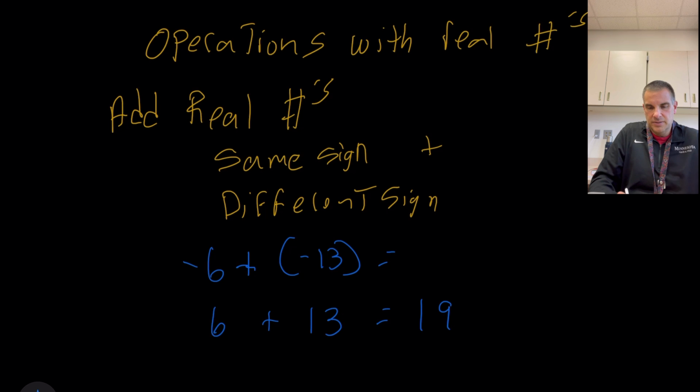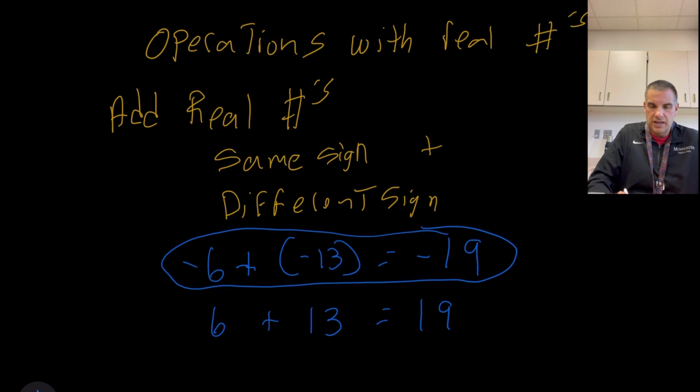You're going to add them together to get 19. But since they both have a sign of negative, that's the sign you're going to give them. So the answer to this is -19. Again, you're probably going to grab your calculator and use that, which is certainly something I would encourage you to do.